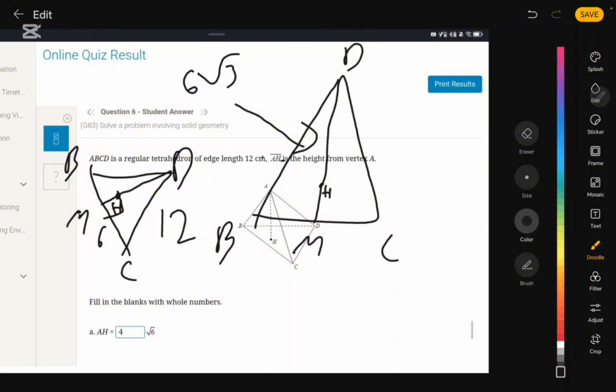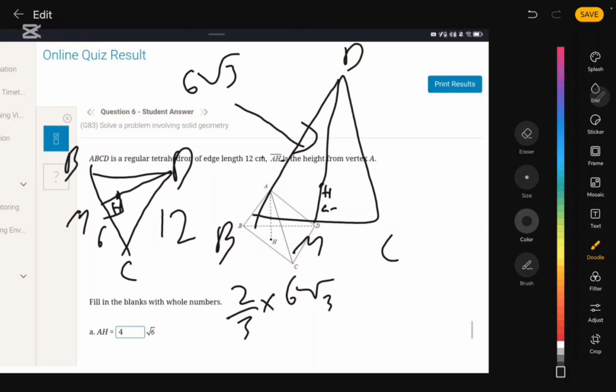Now you have to remember this specific rule where when you have an altitude, the longer part, so DH in this case, not HM. HM is the shorter part, DH is the longer part, DM is the total. So you have to remember this rule that for the longer part, you do 2 over 3 times 6 radical 3.